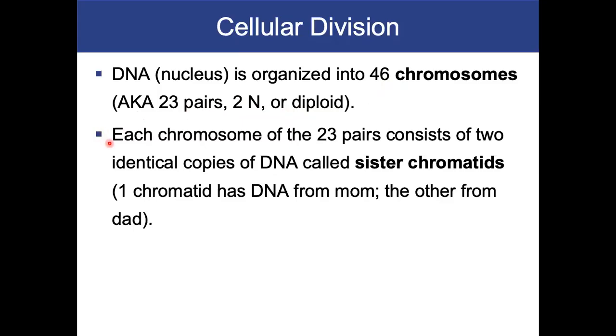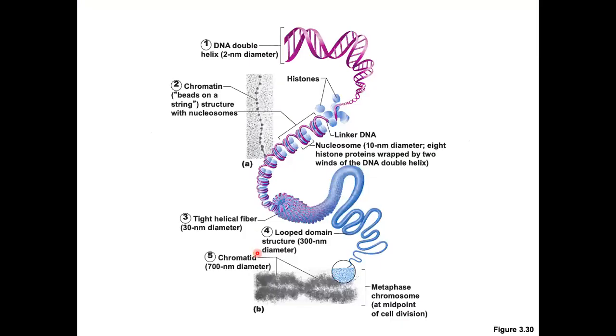Each chromosome of those 23 pairs, or 46, consists of 2 identical copies of DNA called sister chromatids. Okay, so if you can imagine, one chromosome has a chromatid from mom and a chromatid from dad. So if we go back to this picture, let's say at the bottom, letter B, this is chromosome number 1, right?